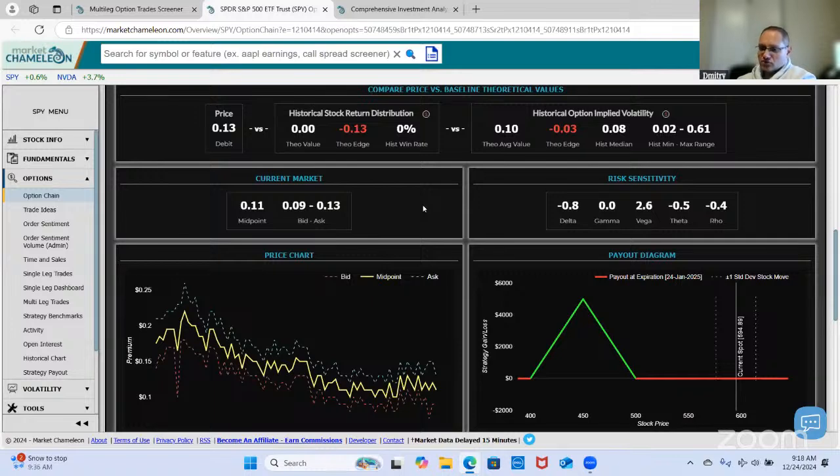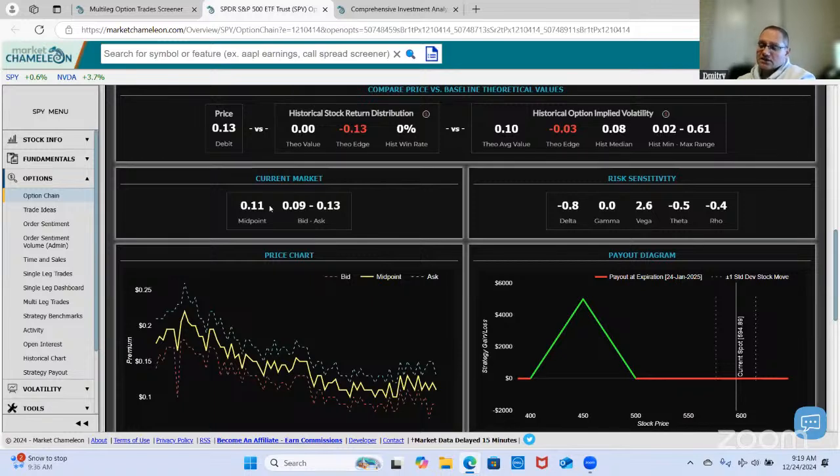So 4 cents might be more meaningful when you have lower prices. Right? Like 4 cents, if you have something worth $50, is not as significant as 4 cents when you have something that's worth 10 cents. So keep that in mind with the midpoint of the level.